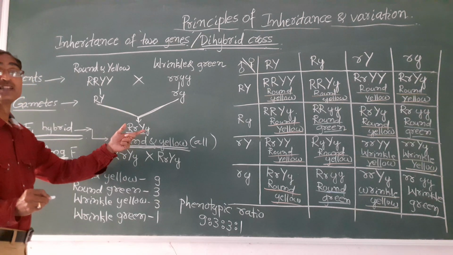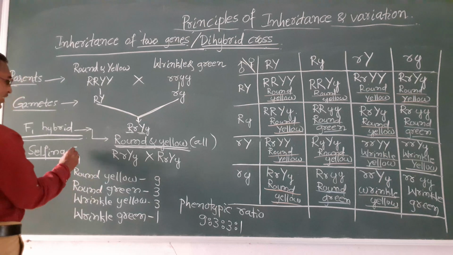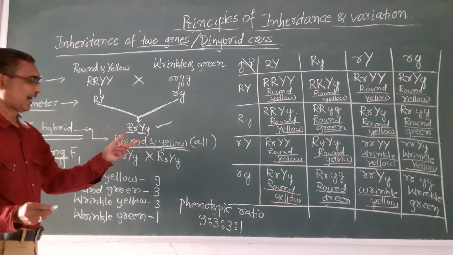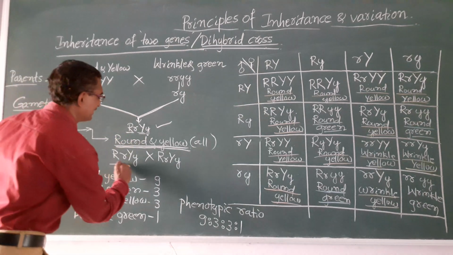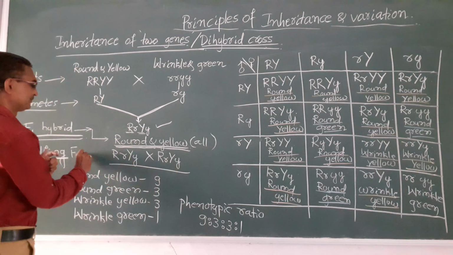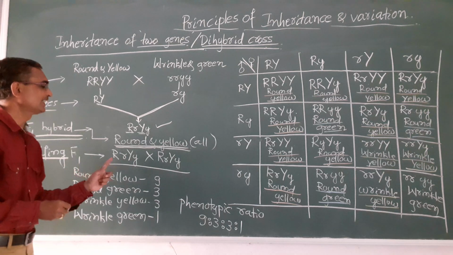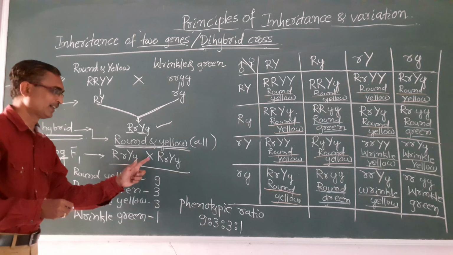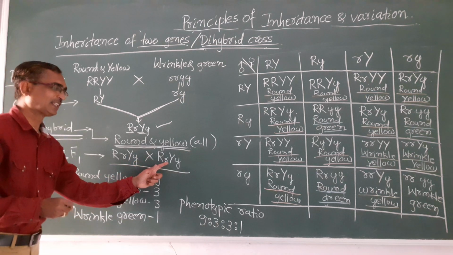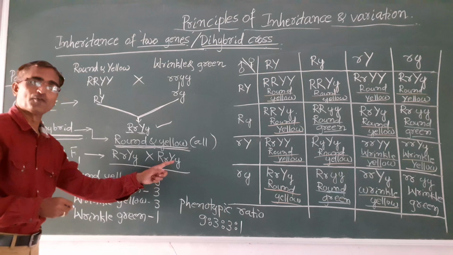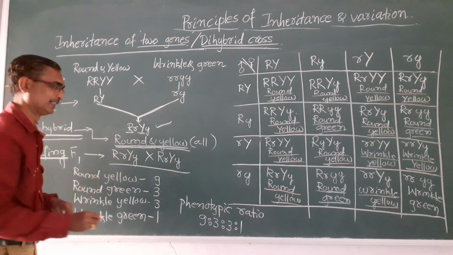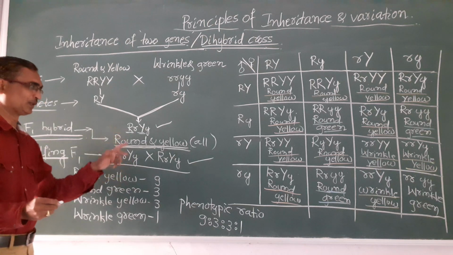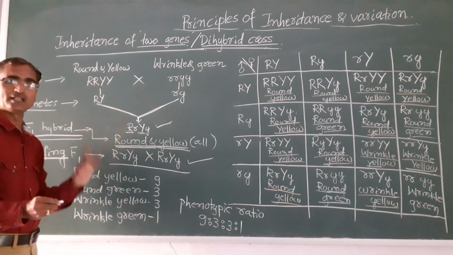Selfing means a self cross between F1, that is capital R, small r, capital Y, small y, crossed with capital R, small r, and capital Y, small y. This is a self cross of an F1 hybrid, that is, a cross between the same generation.